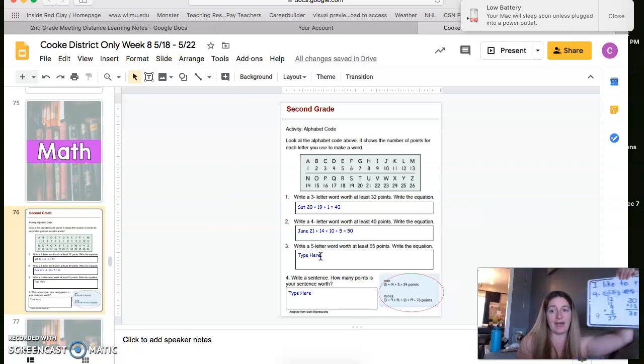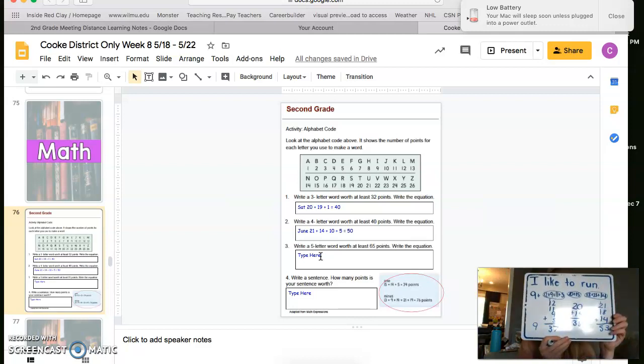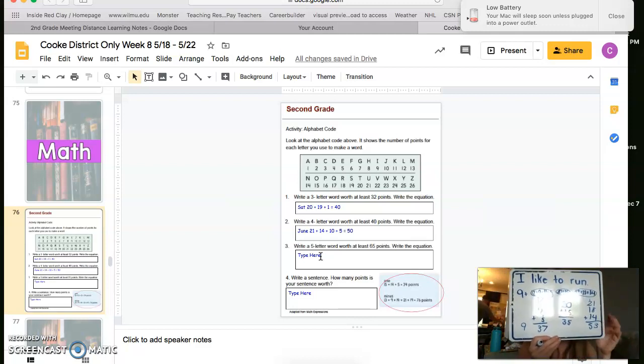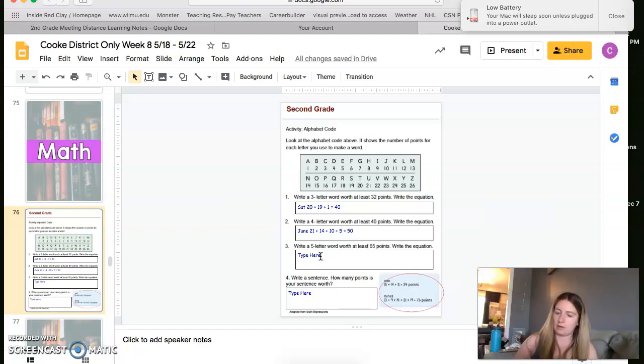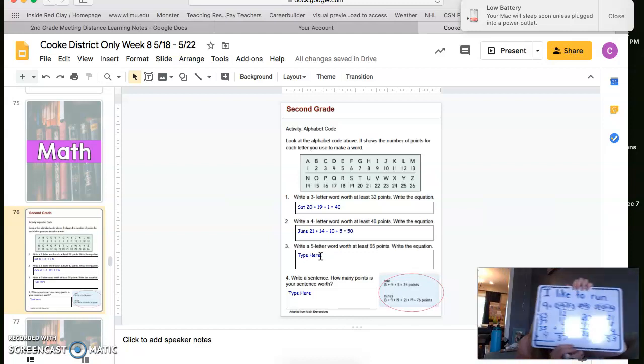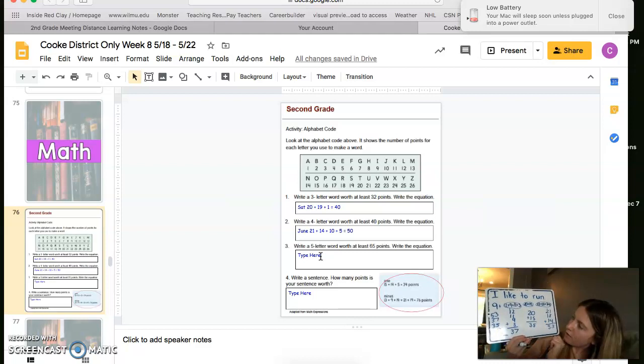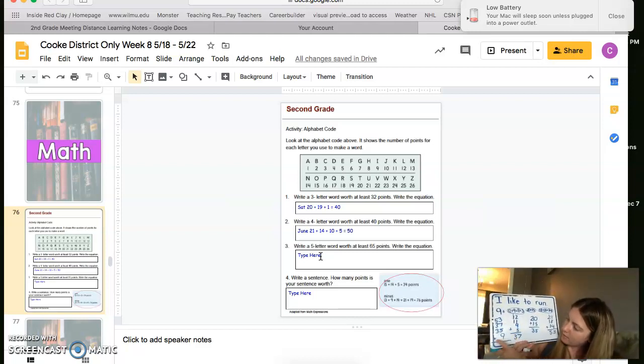And then I have to add up all of those numbers at the bottom to figure out how much my sentence is worth. So I have 53, 37, 35, and 9. And I'm going to add that all up. So let's see. 3 plus 7 is 10, plus 9 more is 19, plus 5 more, so 19, 20, 21, 22, 23, 24.